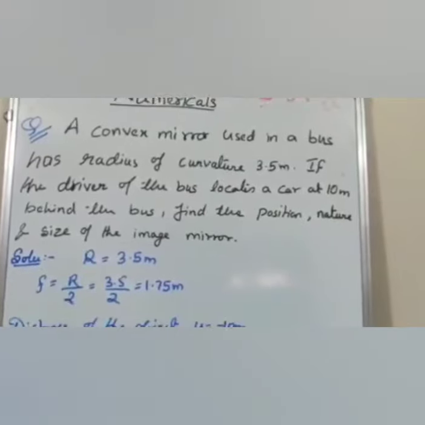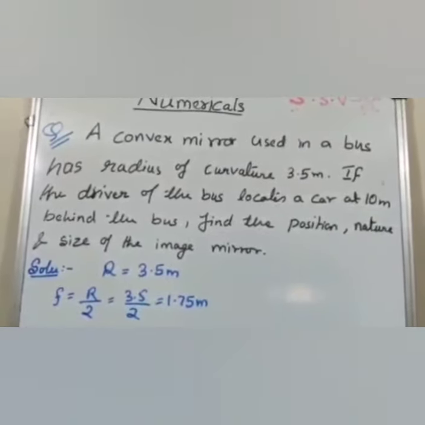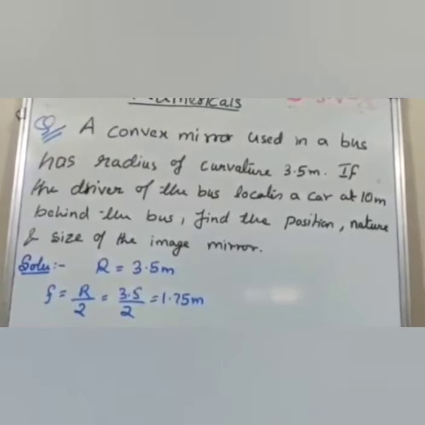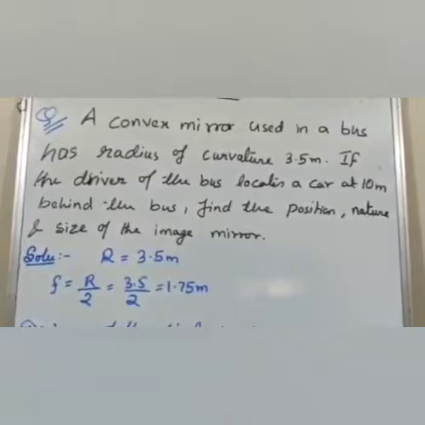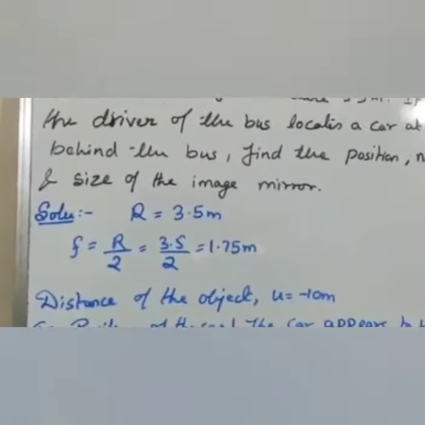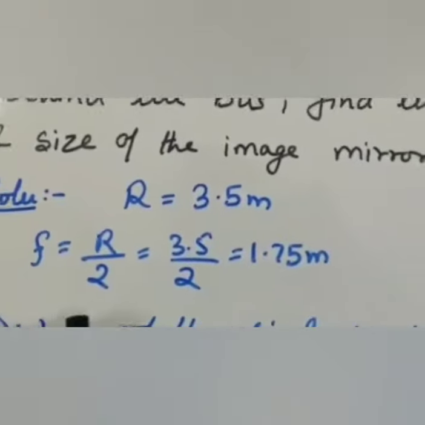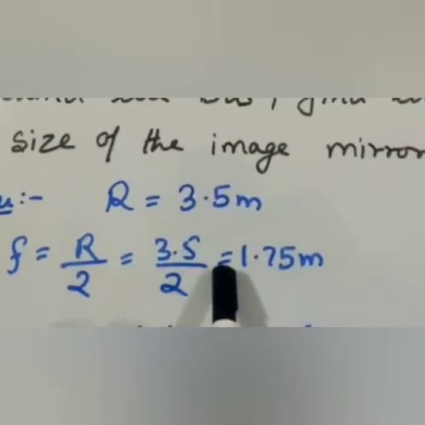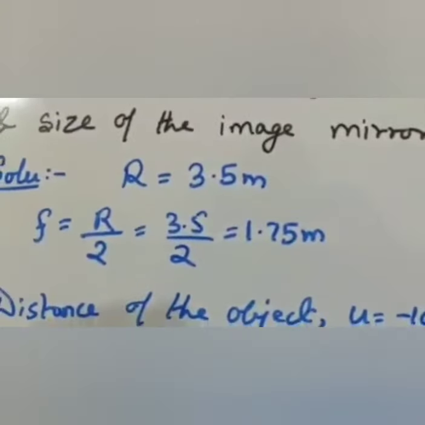A convex mirror is used in a bus, means radius of curvature R is 3.5 meters, it has given. The formula to find the focus is F equals R upon 2. Yes or no? F equals R upon 2 means 3.5 upon 2 equals 1.75 meters.